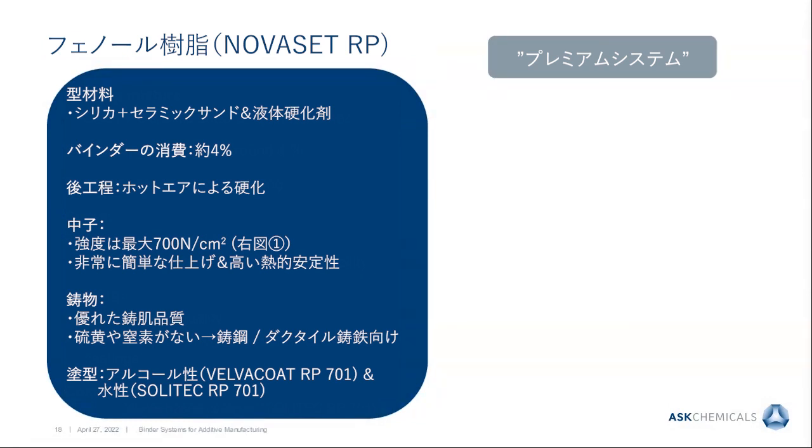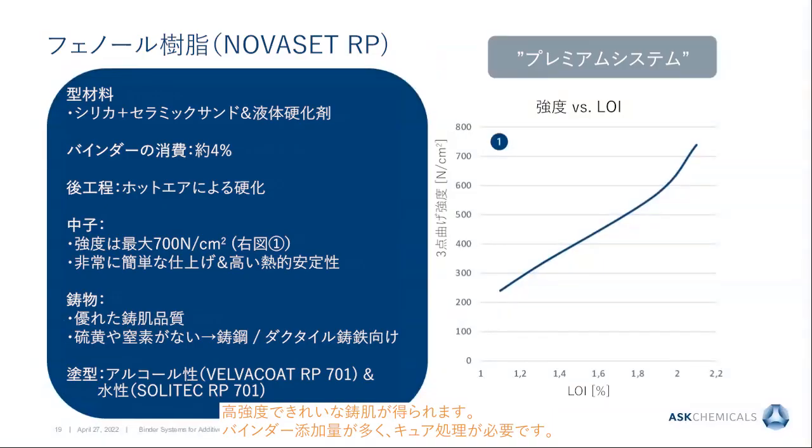And in contrast to Ascoran 3D, there is a necessity for hot air curing after finishing the parts to gain final strength. The final strength obtainable is very high. It can go up to 700 Newton per square centimeter. And of course, as the graph on the left shows you, it is very much dependent on the binder consumption. So there is the possibility to adjust your strength level to your need by adjusting printing parameters.